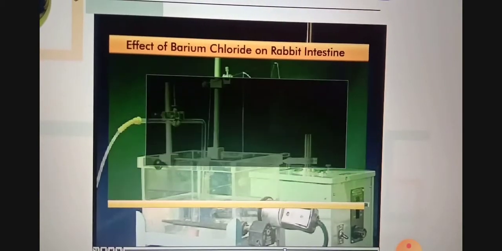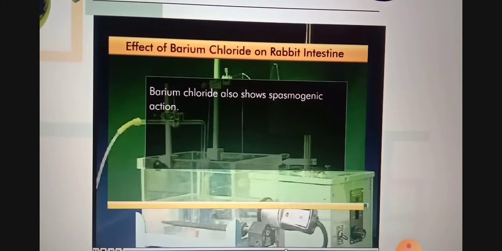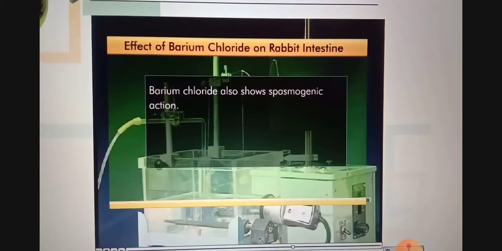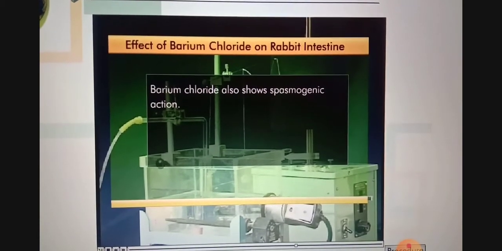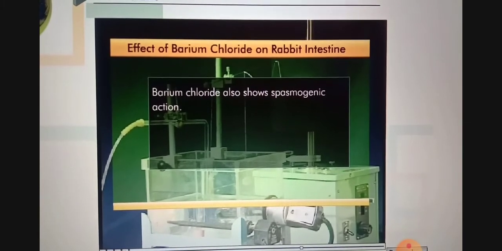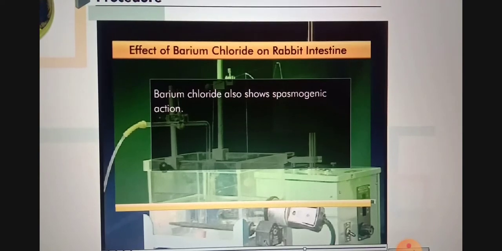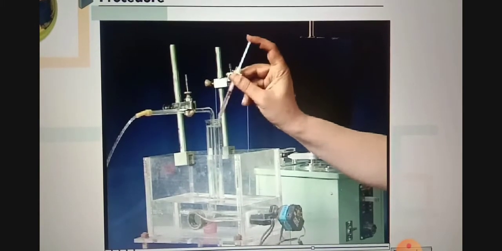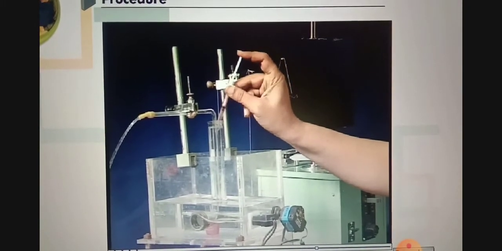Therefore, we can say barium chloride also shows spasmogenic action. Allow the preparation to relax by washing with a fresh quantity of Tyrode solution to wear off the effect of barium chloride. Record normal pendular movements once again.